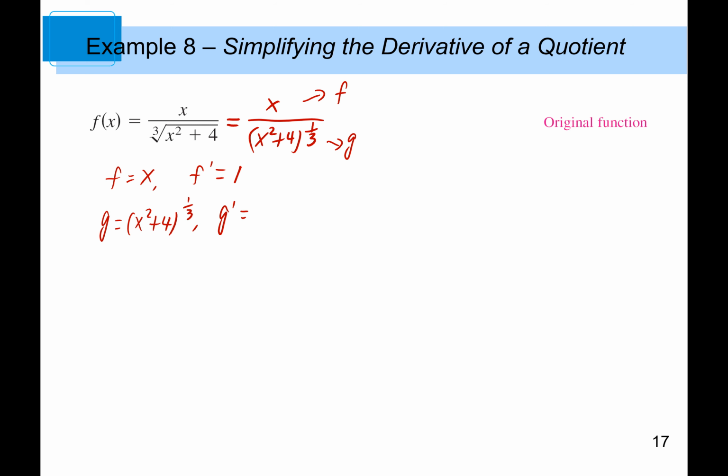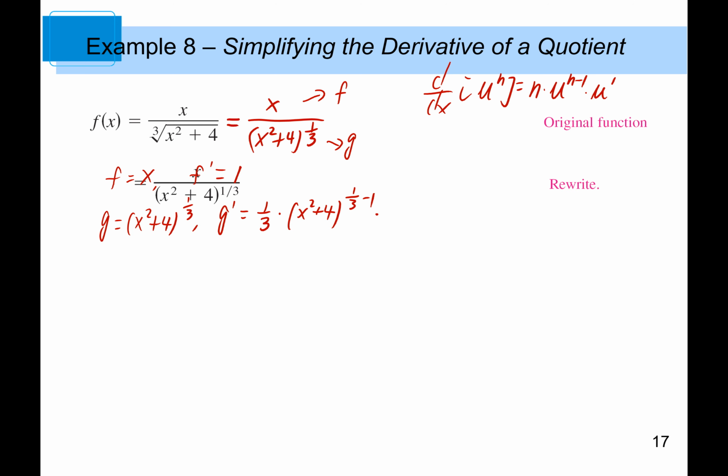again, this is a composite function, so we use n times u^(n-1) times u prime, right? So put the exponent in front, 1/3 goes in front. We're going to reduce the power 1/3 by 1, and times u prime. u prime is the derivative of x squared plus 4.